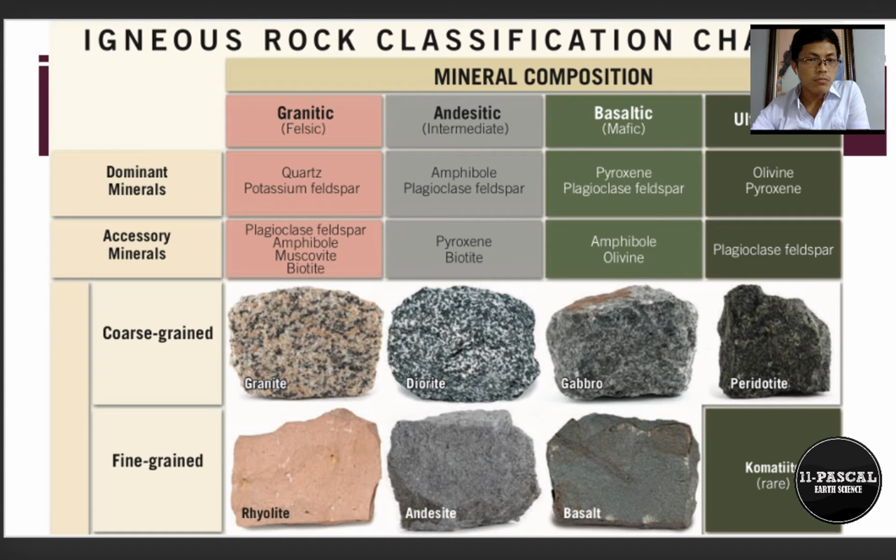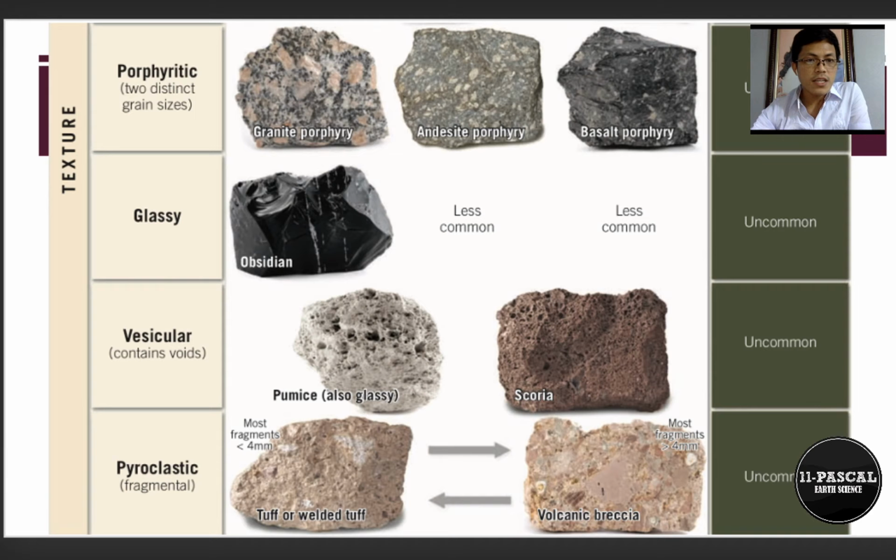So for porphyritic, again, it has two rates of cooling, that's why it has two distinct grain sizes. So glassy, due to the fast rate of cooling, vesicular, it contains bubbles or vesicles, and then pyroclastic, which I have mentioned a while ago.